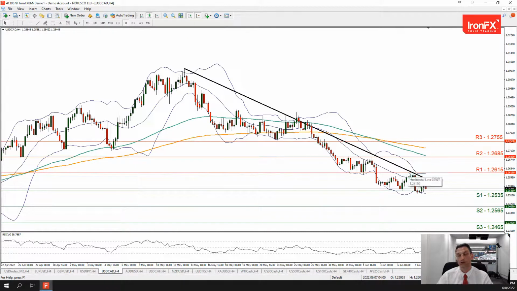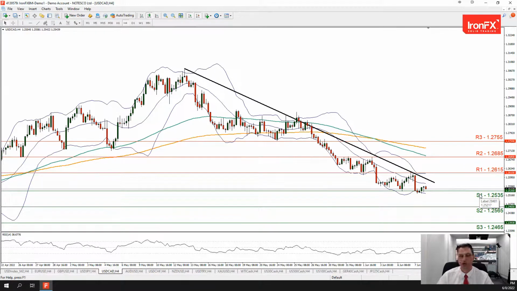It was not able to clearly break above it, so it was forced lower and has tested the 1.2535, which reaffirmed the validity of the R1 1.2615 as a resistance line, but also the validity of the 1.2535.